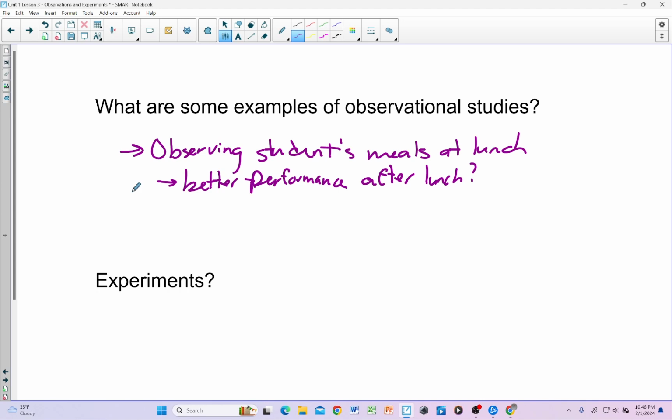One observational study that I've done, when I was in college, was a study involving empty parking spaces in a commuter parking lot for my college.